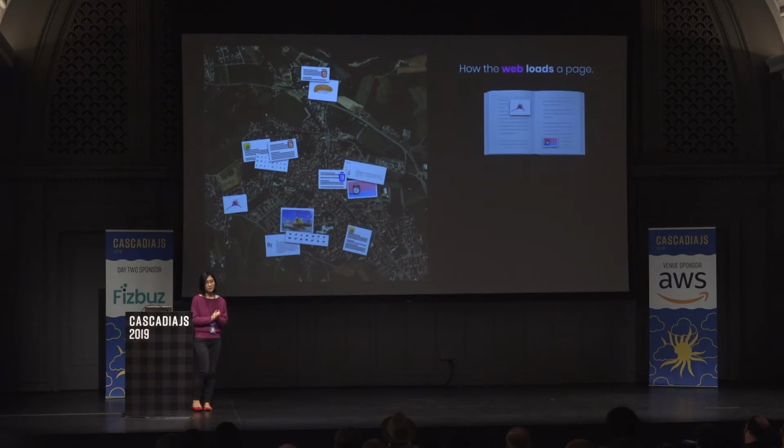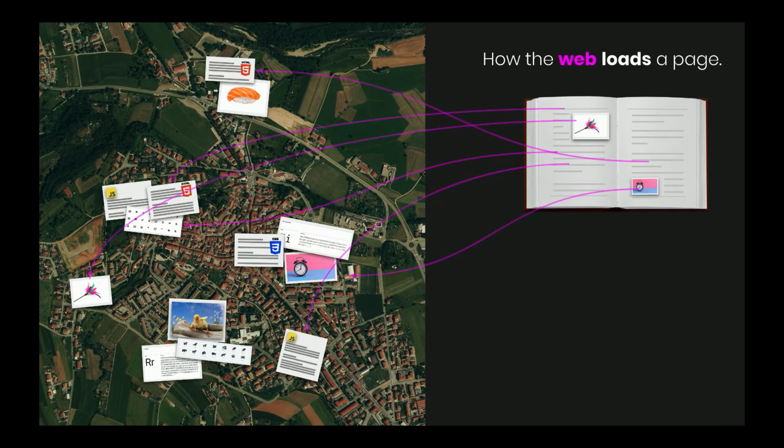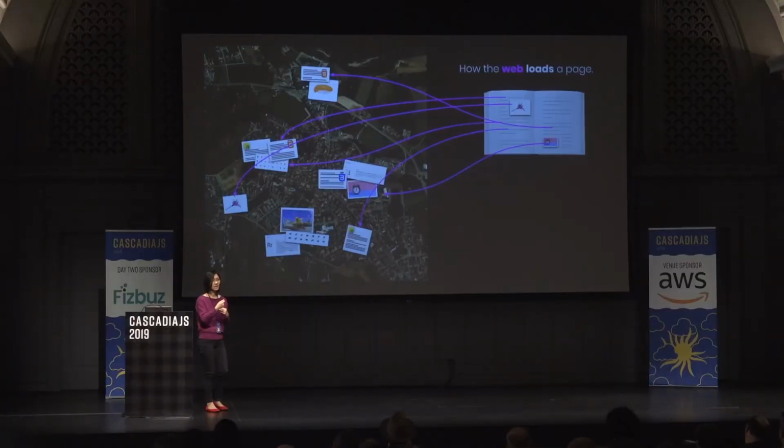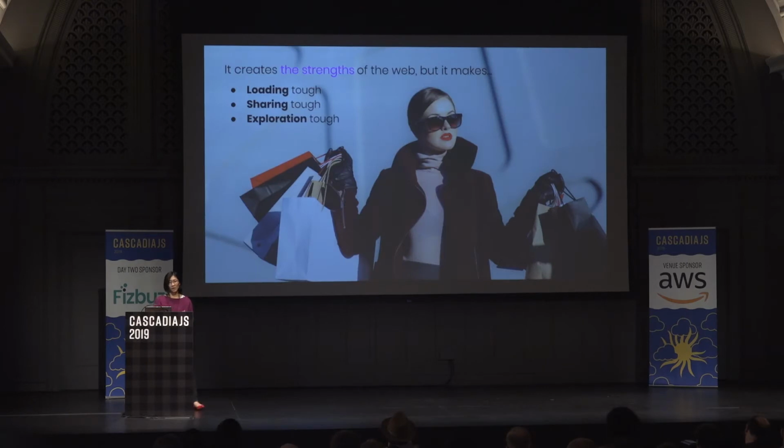It's a very beautiful architecture, but it's tough. When the browser needs to load a page, it needs to go to the address, get things, and find out more addresses. Then it needs to go to those other addresses and get more things, and then find out more addresses. So it needs to repeatedly do this to load a page. It's creating the strengths of the web, but also making loading tough, sharing tough, and exploration tough.